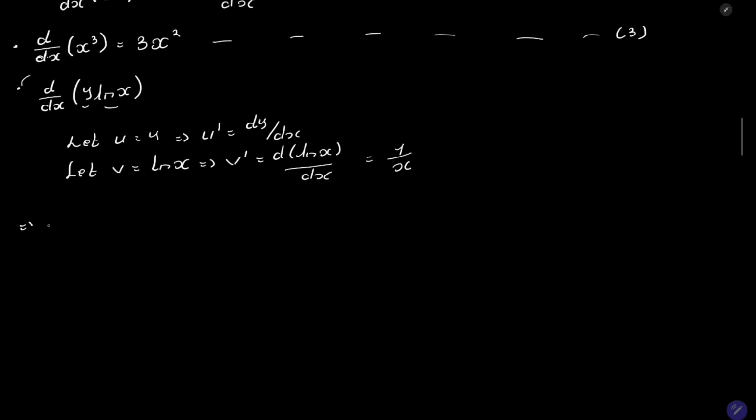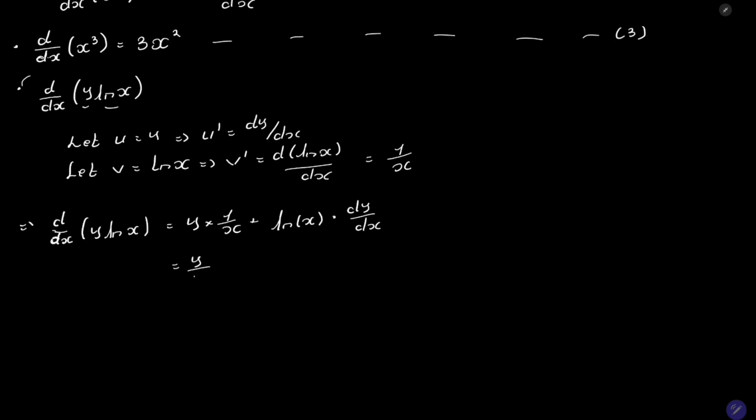So this implies that the derivative with respect to x of our function y ln x gives us u dv, y times 1 on x, plus v du, our v being ln x times du, dy on dx.